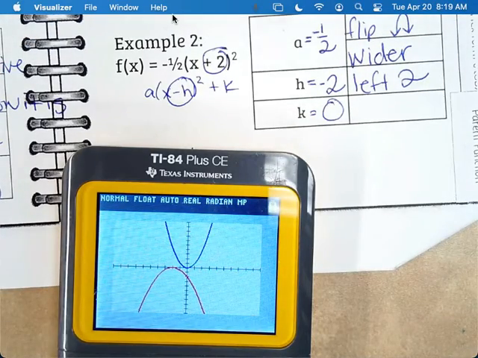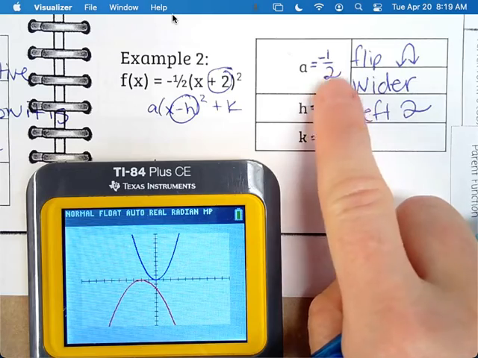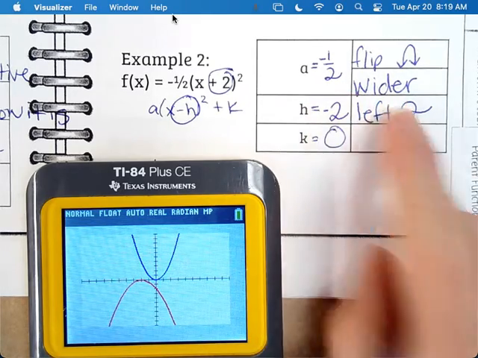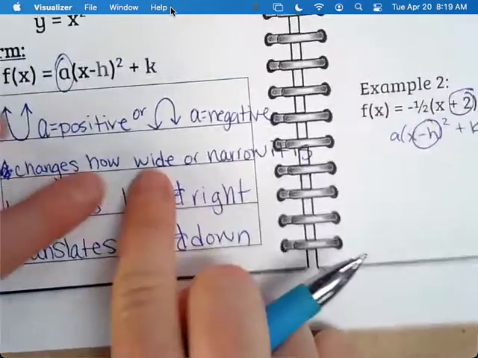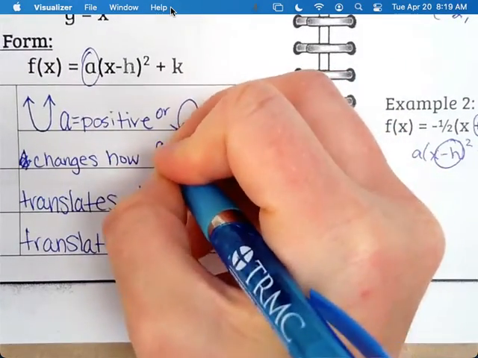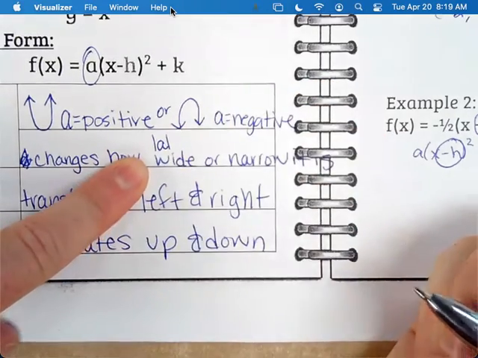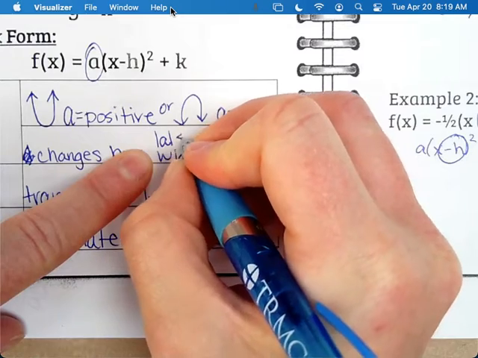And whenever it's wider, it's increasing slower. Think about multiplying times half compared to multiplying times 5. If you multiply times 5, it's going to go really fast, so it's going to be narrower. Whenever you have a number less than 1, it'll be wider. So wide will be when the absolute value of a is less than 1.